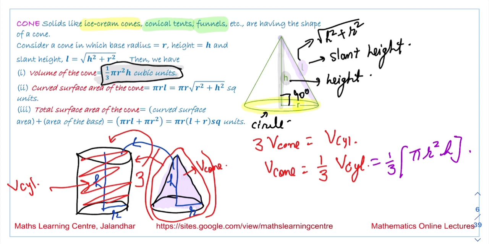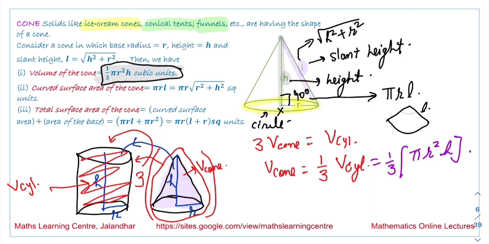Now the curved surface area of the cone. When we say curved surface area, we are talking about only this boundary part over here. If we cut this cone from this point and open it, then the value of the area of the shape that we get will be pi r L. How we get this formula is, when we open this portion of the cone, we get a figure in this form.